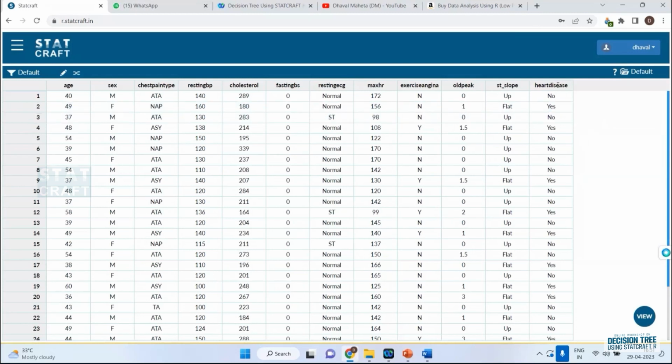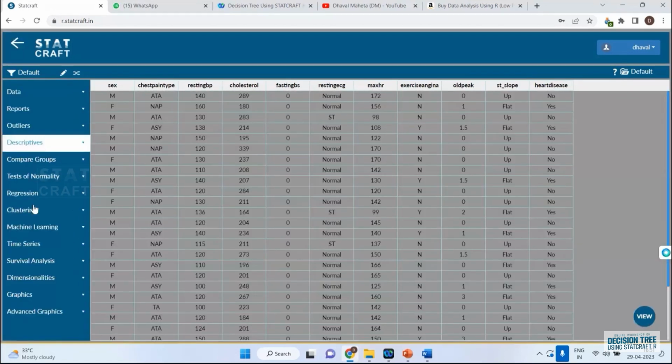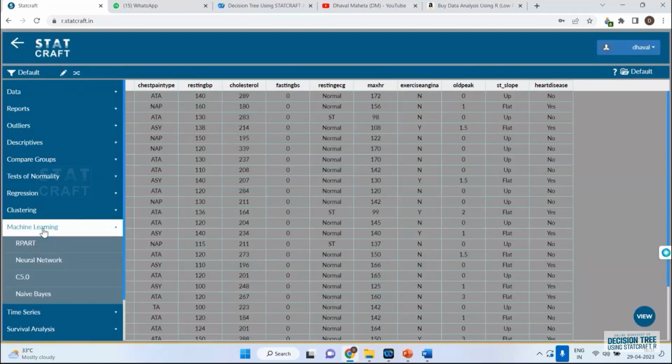This is a heart disease data set, and I want to classify the factors on which heart disease depends. Let's say I will consider only the numeric variables: age, resting blood pressure, cholesterol, and maximum heart rate during exercise. I'll go here and run the machine learning.